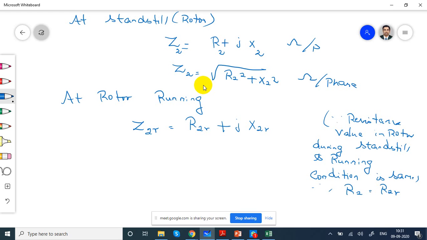So Z2R equal to, instead of R2R you can put R2, plus jX2R.